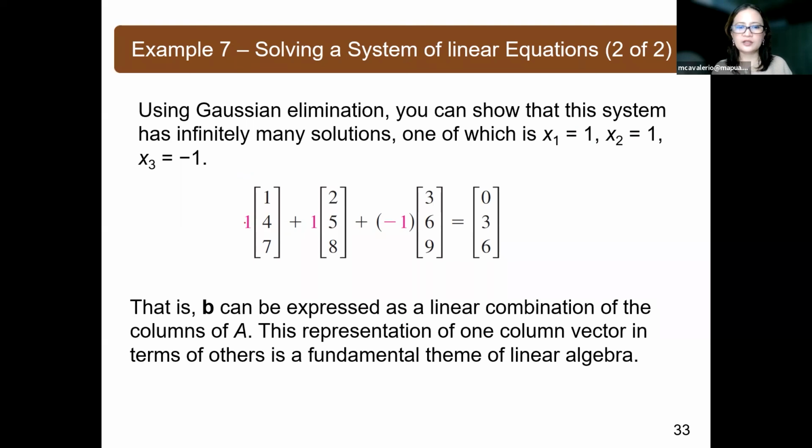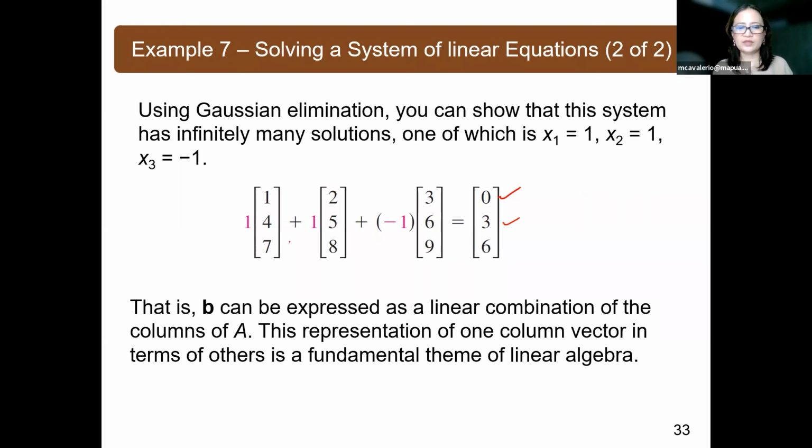If we substitute the values of x sub 1, x sub 2, x sub 3, we can see that it will satisfy the equation. That means we have 1 plus 1 times 2, that would be 3. 3 plus negative 1 times 3 is negative 3, that is equal to 0. 1 times 4 is 4, plus 1 times 5, that would be 9. 9 plus negative 6 is 3.